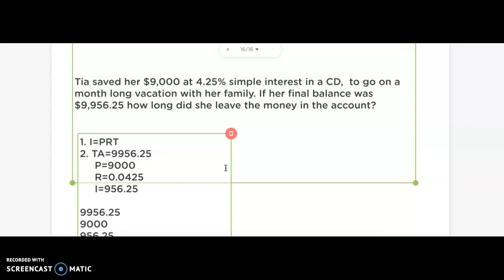Now I can set up my problem and solve, which is step 3. We have 956.25 equals 9,000 times 0.0425 times my time.